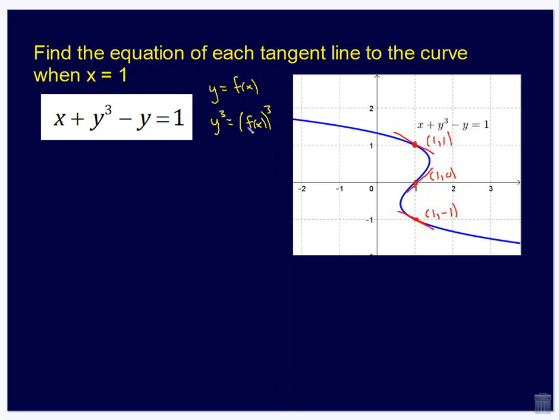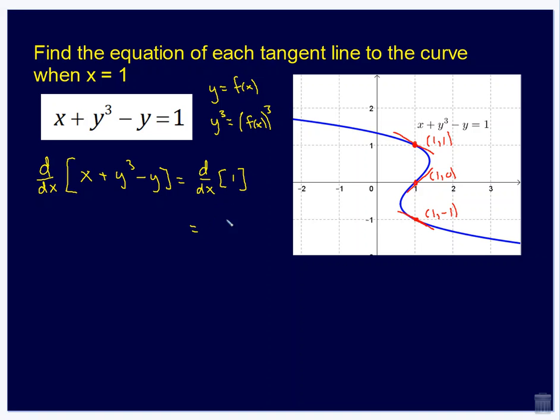So if I need the derivative of this, it's going to require the chain rule. We'll see that as we go through. So we're going to apply the derivative operation to the entire left side, and the derivative with respect to x also on the right side.